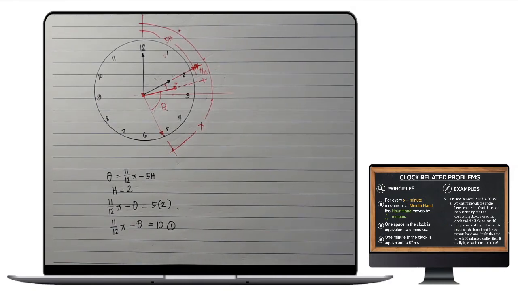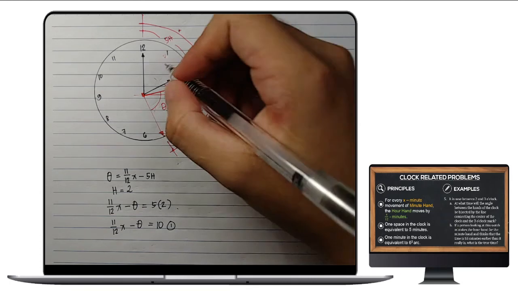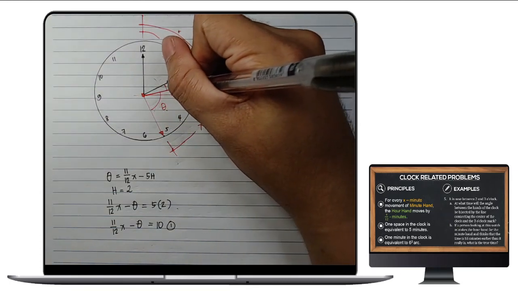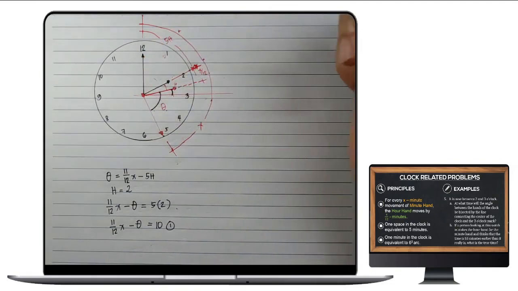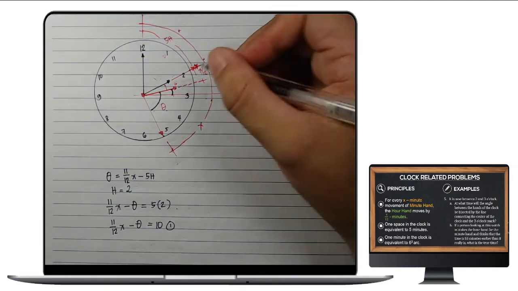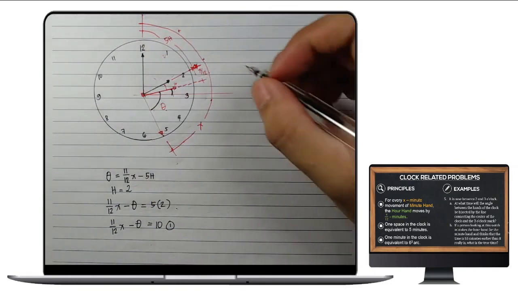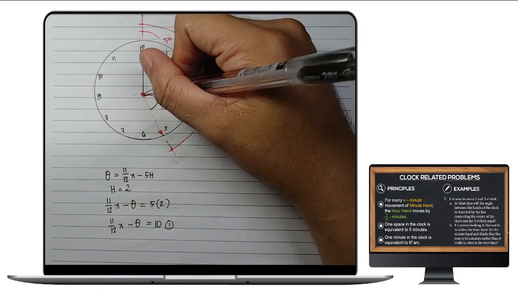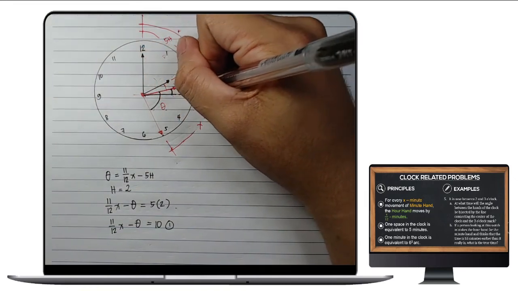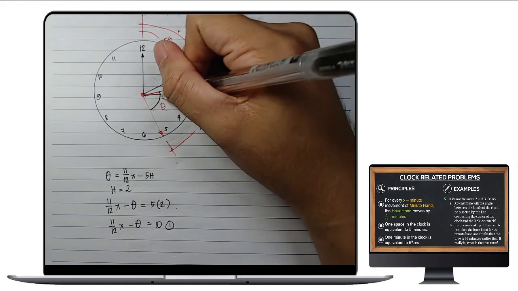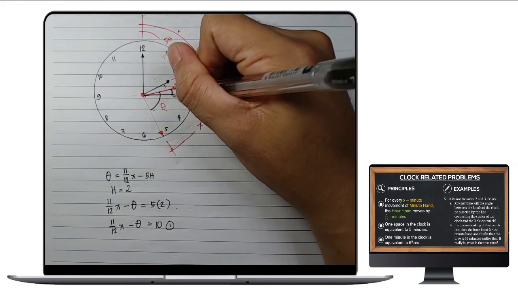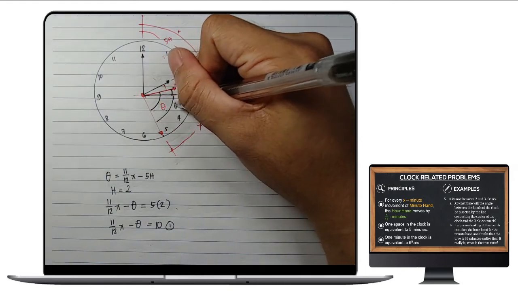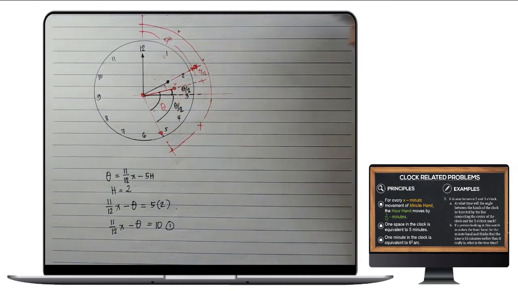Then, so it is said in the problem that this point, so the angle here, theta, is bisected by the 3 o'clock mark. So if we are going to use this point, so this portion, to bisect this, if this is theta, if it is said that it is bisected, so here is your theta over 2, and at this point, that is also theta over 2.